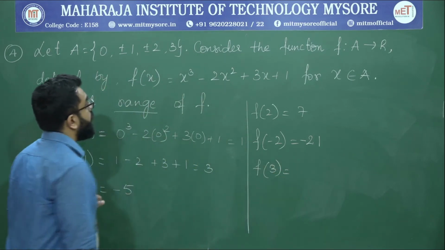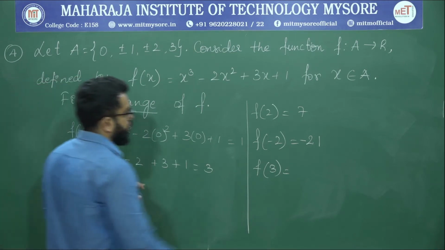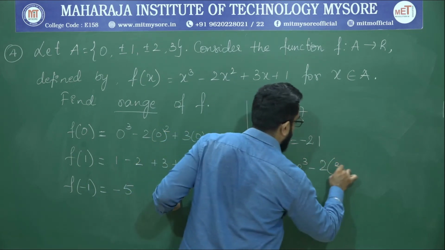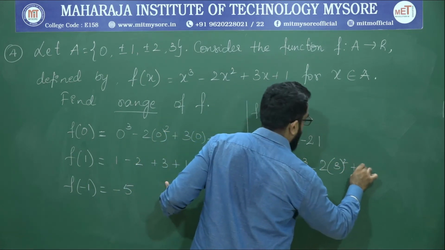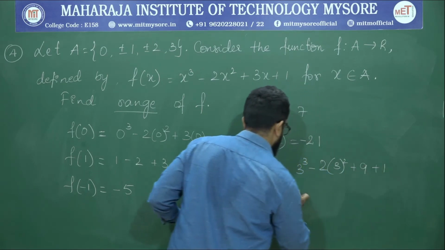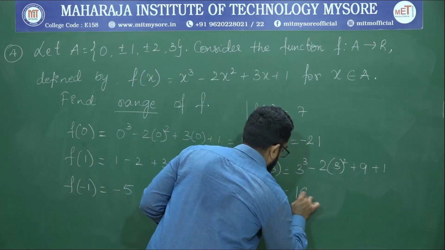Okay, then comes the last element, that is f of 3. On substituting 3 in the place of x and solving it, 3 cube minus 2 into 3 to the power of 2 plus 9 plus 1. On simplification it gives 19.